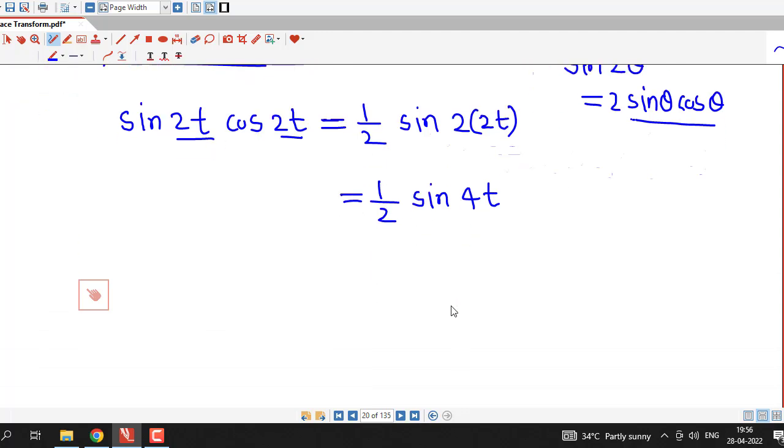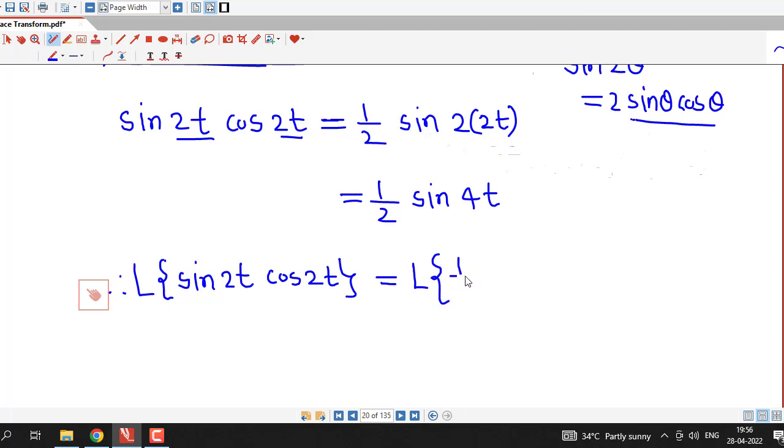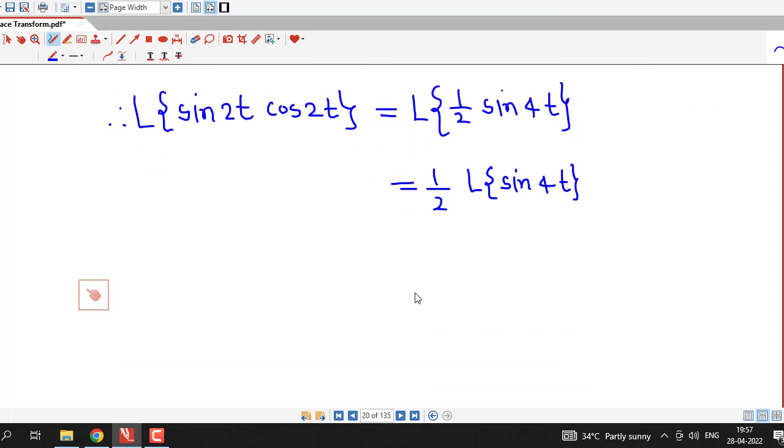So we have converted this function into another function whose Laplace transform we are able to find out. Therefore Laplace transform of sine 2t times cos 2t is equal to Laplace transform of 1 by 2 times sine 4t, and this is equal to 1 by 2 times Laplace transform of sine 4t. And we have a ready-made formula for the Laplace transform of sine 4t.